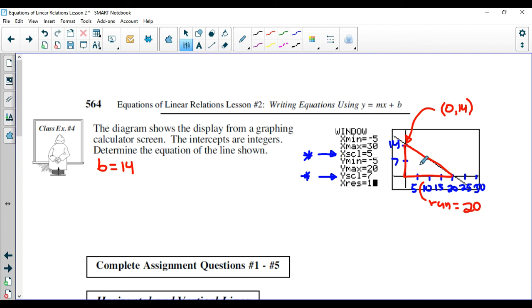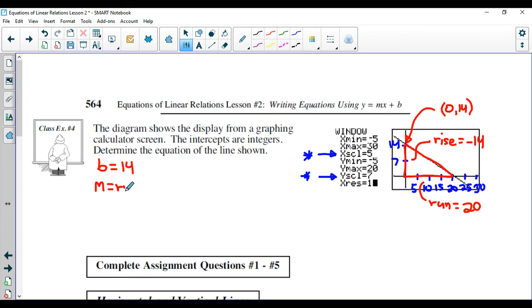So your run would actually be 20 if you implement the correct x scale. And then the rise here, you're going from 14 down to 0. We have a descending slope here. So this would be a rise that is negative, and it's going to be -14. We start at 14 and we drop all the way down to 0.